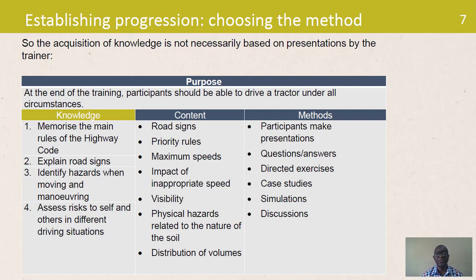Under content: road signs, priority rules, maximum speeds, impact of inappropriate speed, visibility, physical hazards related to the nature of the soil, and distribution of volumes. Under methods: participants make presentations, questions and answers, directed exercises, case studies, simulations, and discussions.